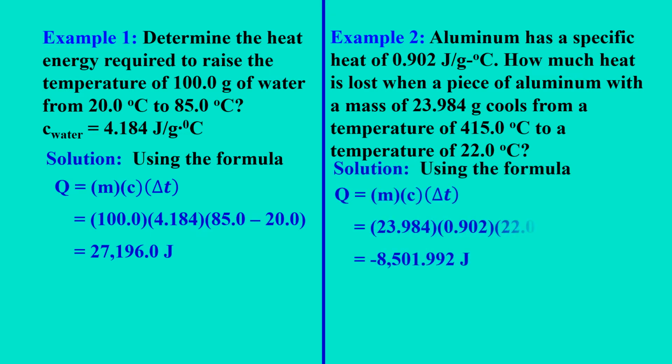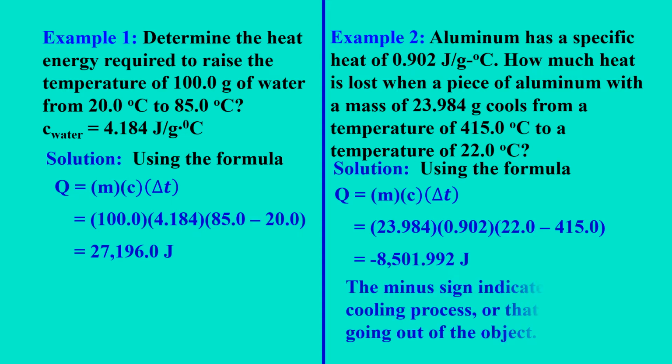Using the formula Q equals M times C times delta T and substituting the values, you have 23.984 times 0.902 times 22.0 minus 415.0. This is final temperature minus initial temperature. So the result is negative 8,501.992 joules. The minus sign indicates that it is a cooling process or that energy is going out of the object.